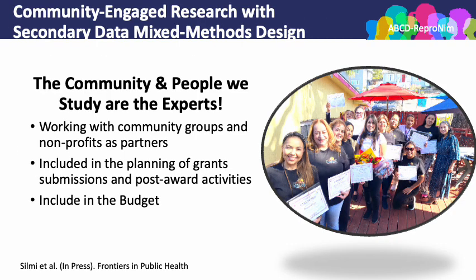So one of the most important things that supported our mixed method approach with secondary data in the ABCD study was our community partnership. So we spent quite some time developing a relationship with the local nonprofit that also had a platform around adolescent health and promoting adolescent health.